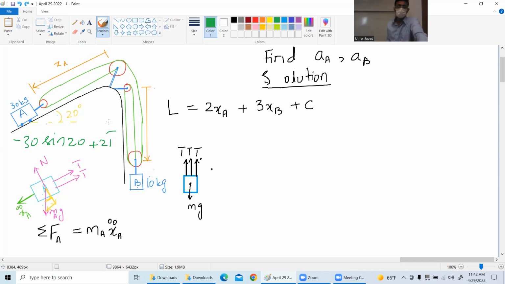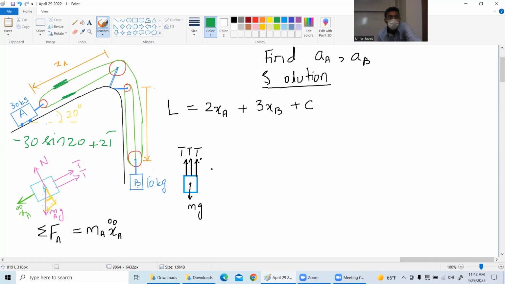It's bigger than 10, so it's moving downwards. Ah, good, he already understood what I'm saying. 30 sine 20 is 27 point something. So if it is 27 point something, then that means 13 point something here and 13 point something here, that is around 27.